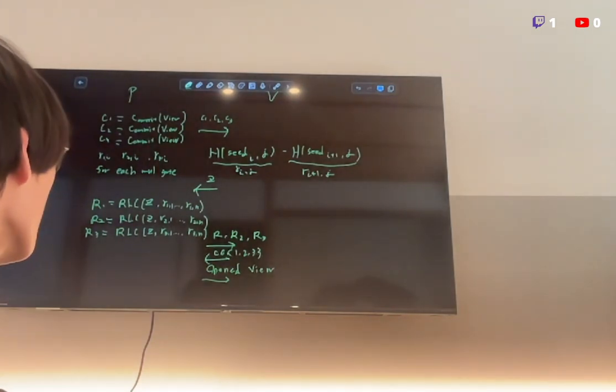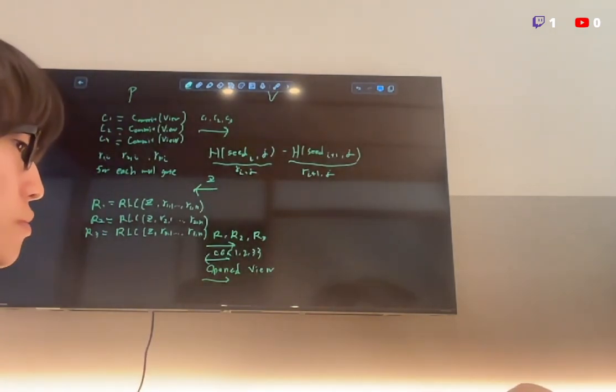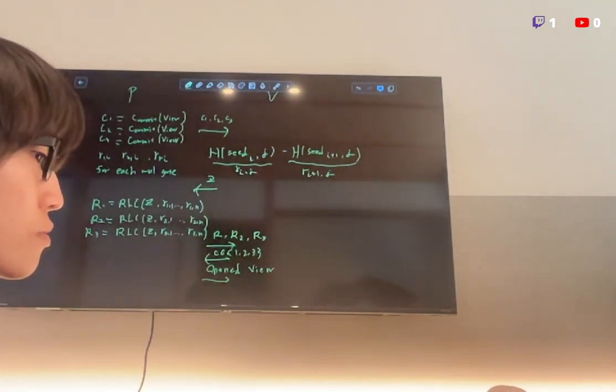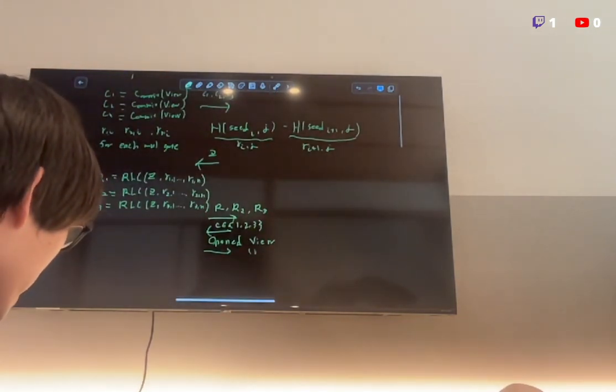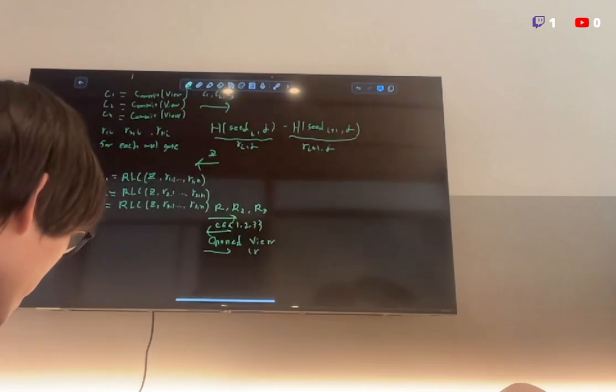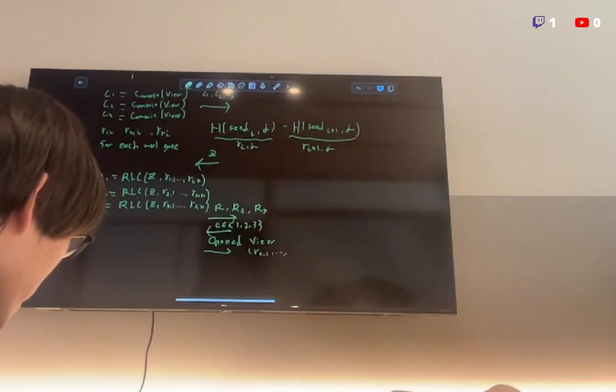But I guess what I'm confused by is the verifier, when they open their view, still needs to do all the hashing, right? So actually, this open view contains some randomness value. If e is selected, it will be R_e and also R_{e+1}, and so on.